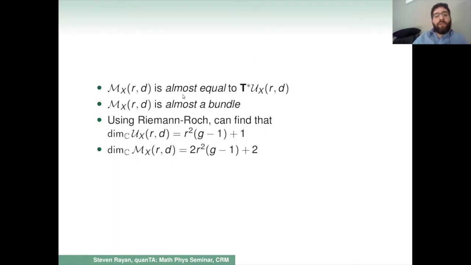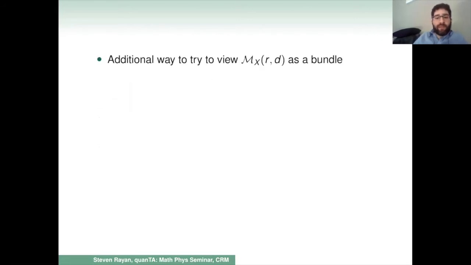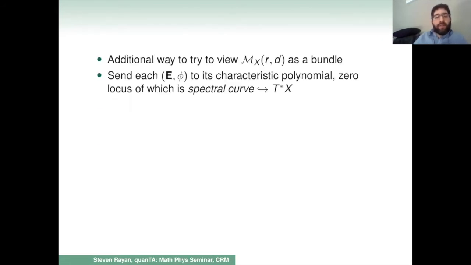So this is one way to almost view the Hitchin system as a bundle, but there's another way we could try to do that. Thinking again, linear algebra is our friend. In a generalized sense, we can say that phi has a characteristic polynomial. It's just a global object now, rather than just a local one for matrices. And the zero locus of this characteristic polynomial is not just a set of eigenvalues anymore.